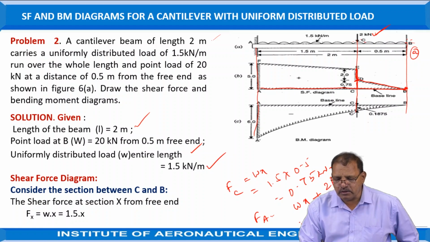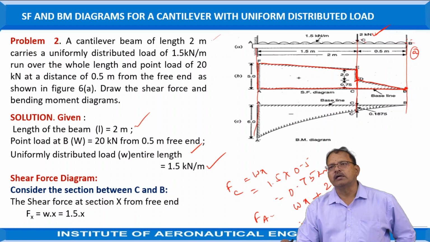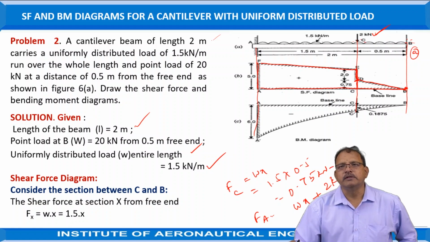W into X is equal to W into L, that is 1.5 into total length 2, which is 3, plus 2, which is equal to 5 kilonewtons, acting in the downward direction. Its value is positive, so draw vertically 5 and join this point with straight lines. This diagram represents the shear force diagram for the cantilever beam when it is subjected to a combination of forces, the point load as well as the uniformly distributed load.